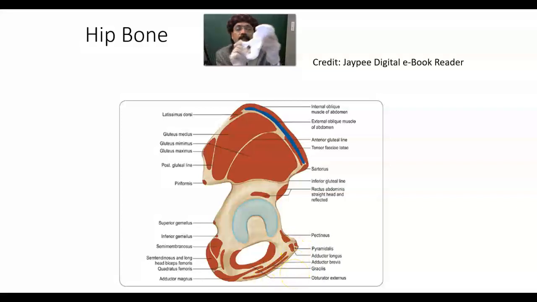So we'll go to the ischial tuberosity. Here is the ischial tuberosity. We will divide the ischial tuberosity into two parts, upper part and lower part. The upper part is again divided by oblique rays into the superolateral part, the site of origin of the semimembranosus, and the inferomedial part, the site of origin of the semitendinosus and long head of biceps femoris muscle.